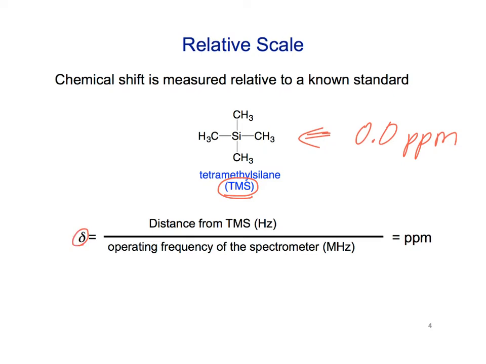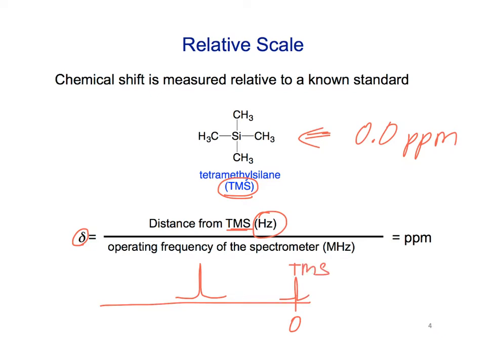What we do is we take the distance between TMS, the standard, and whatever signal we're observing. This is a distance in hertz. So for example, here's our spectrum. Here's a peak right here. Here's 0, and we could have a peak for TMS right here.